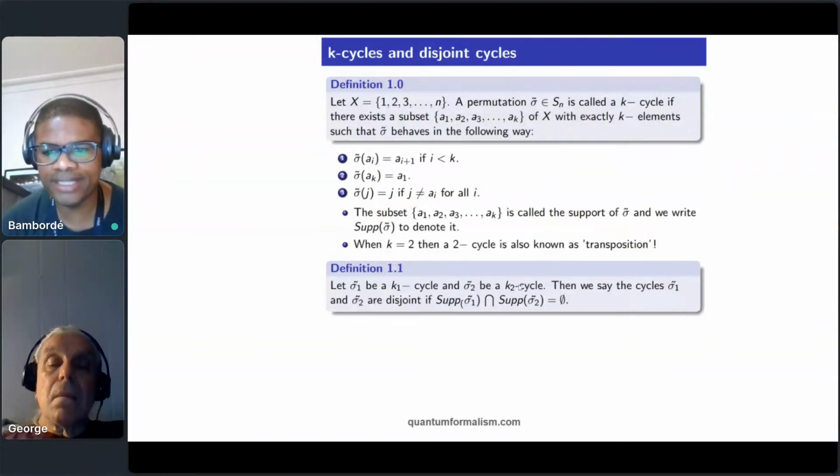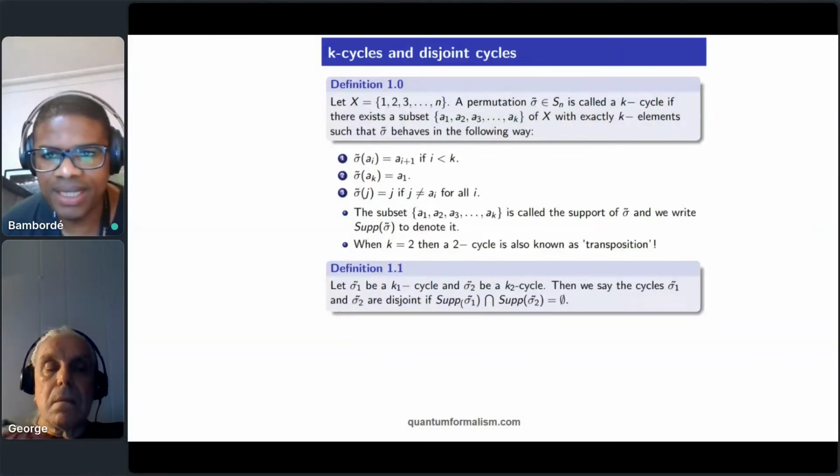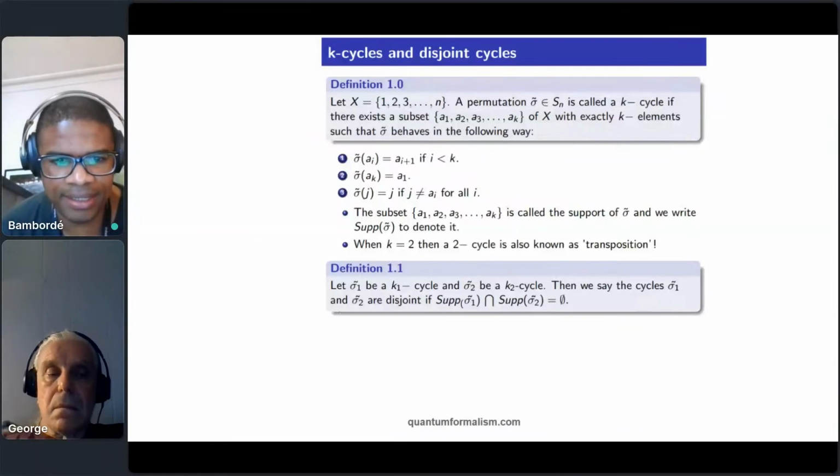Then we say the 2 cycles sigma 1 tilde and sigma 2 tilde are disjoint if the corresponding support sets are disjoint. So if the support sets' intersection is empty. You will see this in an example. This is very abstract, I must admit. But these are the 2 things that you need to think about.